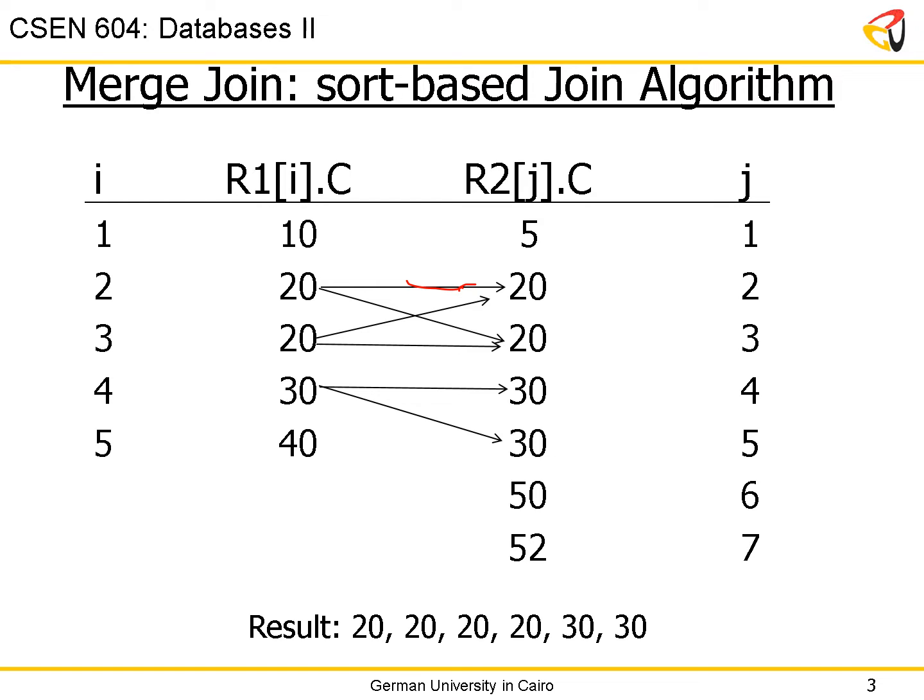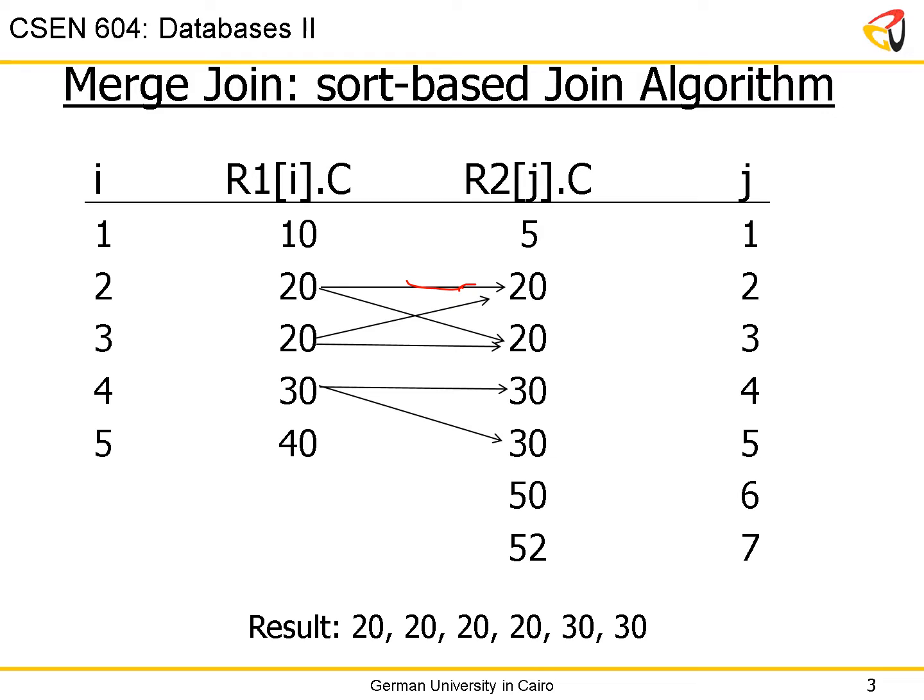And when I is equal to 3 in R1.c, the second 20, I also would like to pair it with the first and second 20 in R2.c. Then the 30 in R1.c, I would like to pair it with the first 30 in R2.c and the second 30 in R2.c. So we need to advance I and j in a way to make sure that's the output we get.